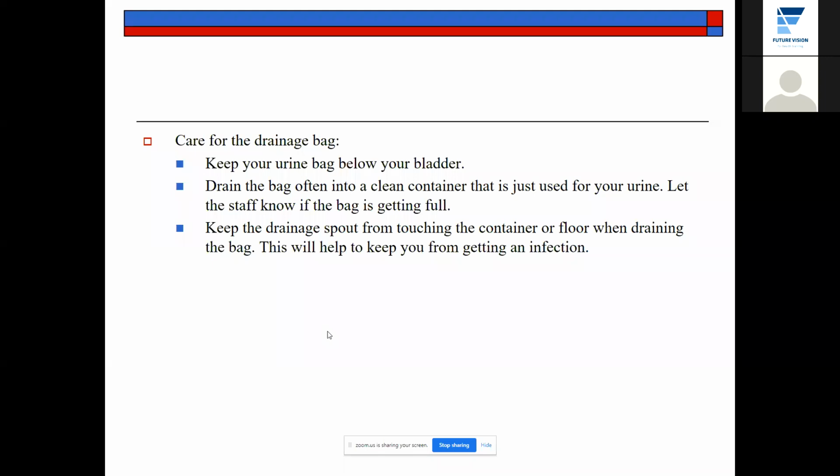Clamp the above valve. Okay, which one? Excellent, all your answers are correct. Which will be the best time to take the urine sample? Mid urination, excellent, from the tubing, excellent.